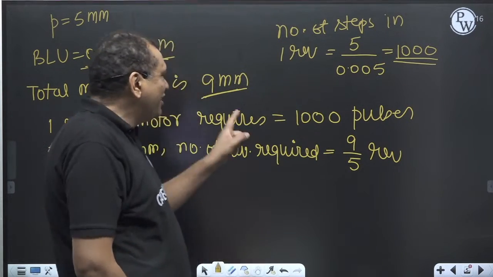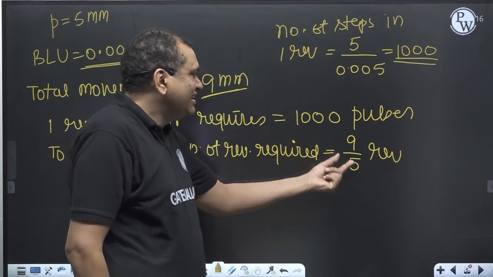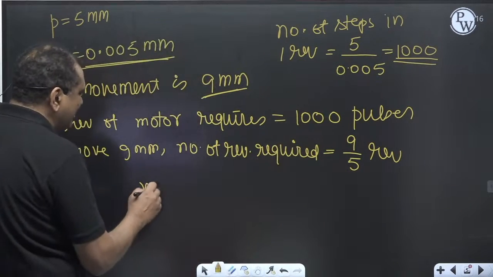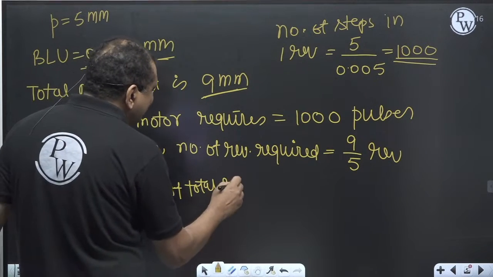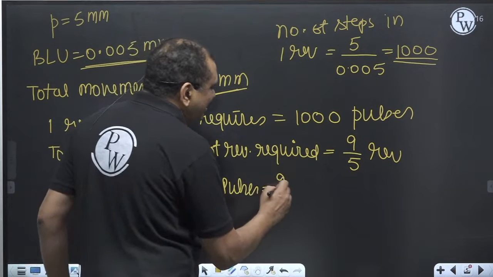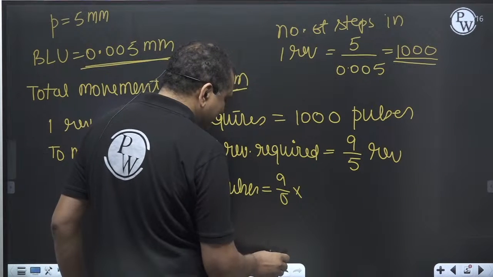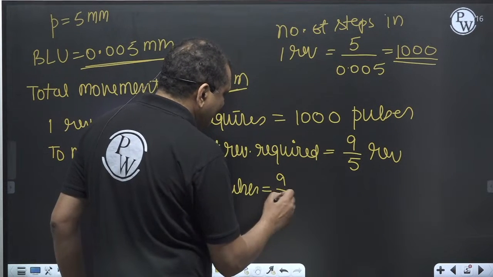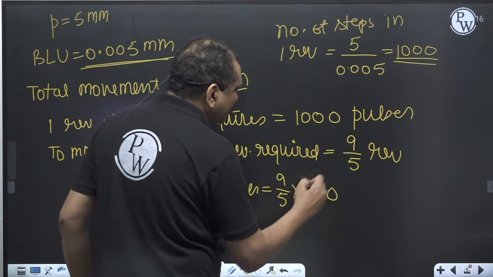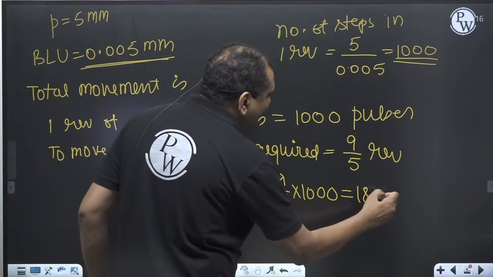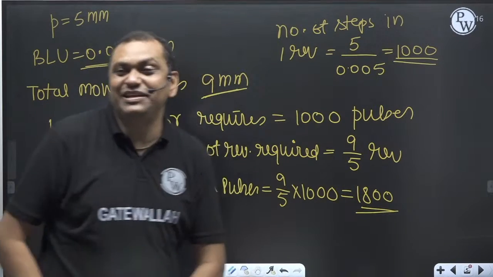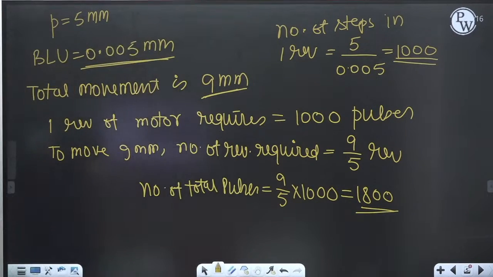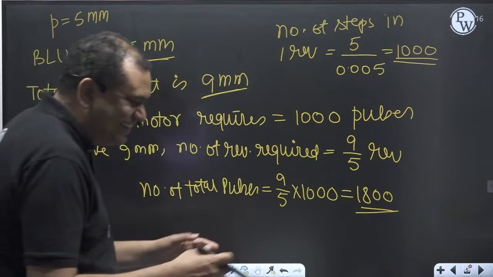One revolution is 1000 pulses, so for these many revolutions, the total number of pulses is 9 by 5 into 1000, which comes out to be 1800 pulses. So I have gone step by step.